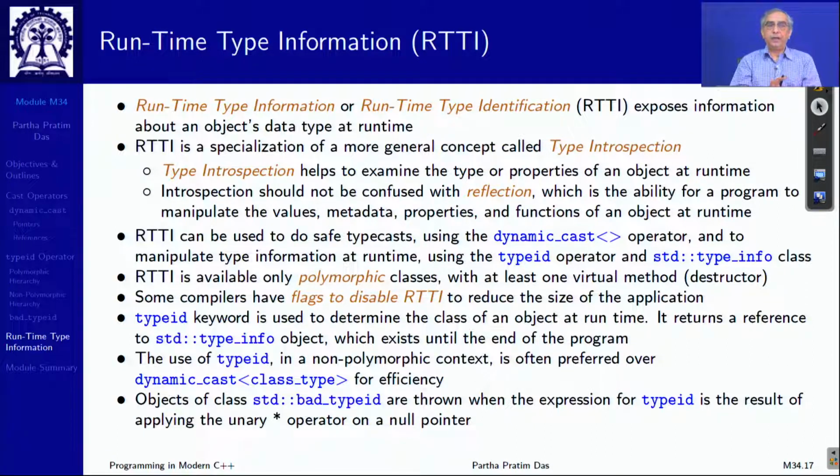That tells you why on a non-polymorphic hierarchy the dynamic cast or type ID has no meaning, because in those there is no virtual function pointer table. So, the RTTI catalog has no registry for that. The RTTI registry is blank about those objects. All that you can infer is only from the compile time type, which is the static type, which should always be dealt with the static cast operator, not with the dynamic cast operator.